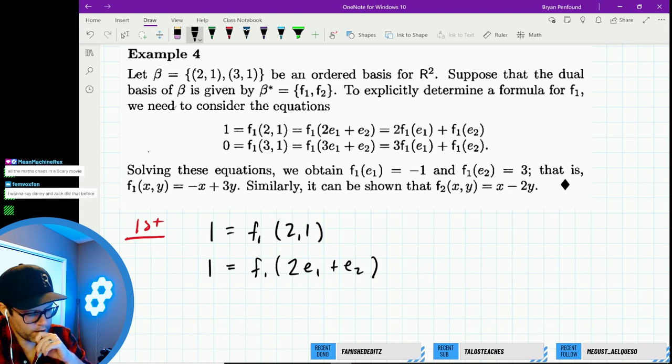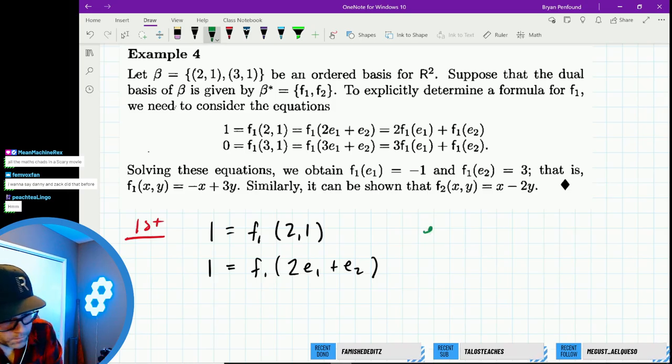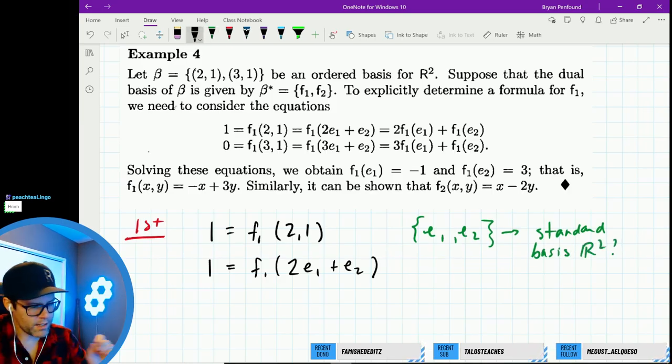What are E1 and E2 again? Standard basis? Standard basis in R2? Does that sound about right?